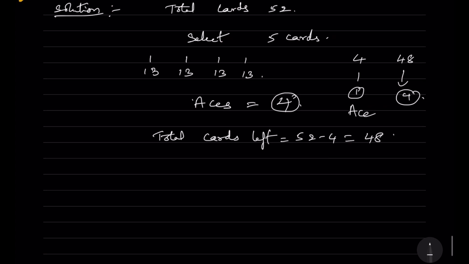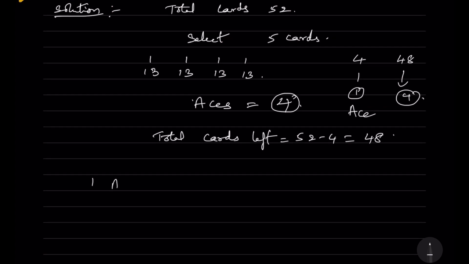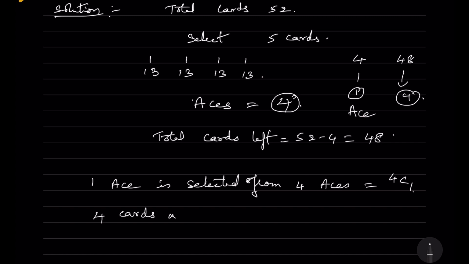So now here, one ace is selected from 4 aces. Can be done in how many ways? It can be done in 4C1 ways. And again you are having the remaining 4 cards selected from 48 cards.